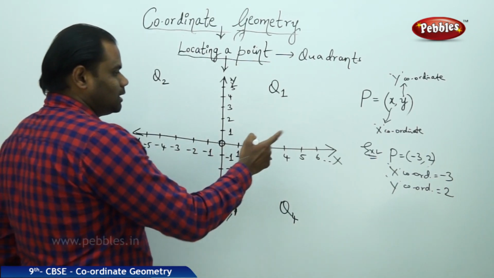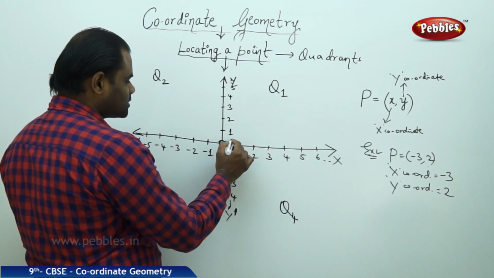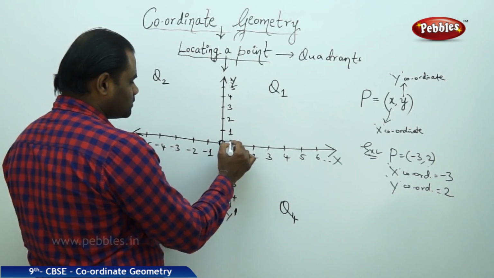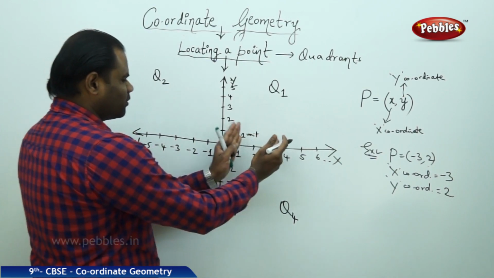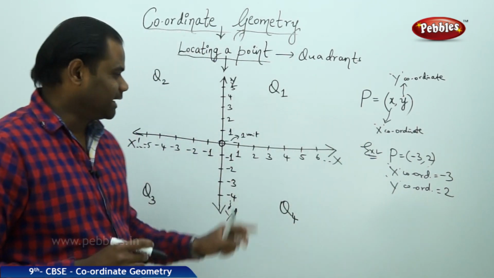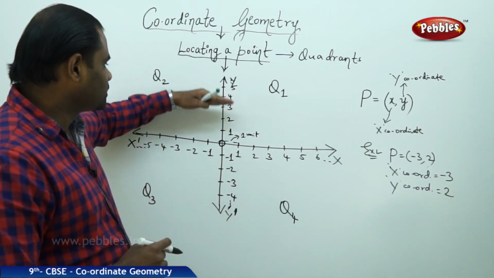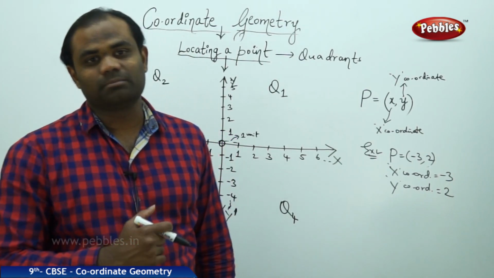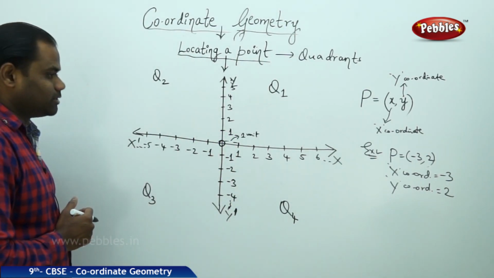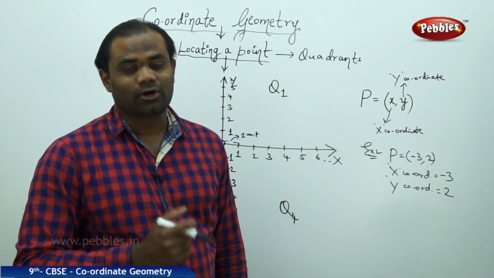So I have the x coordinate. Usually each of these distances represents 1 unit, and therefore I divide every axis into 1 unit subdivided parts, and equally the y-axis is also divided into 1 unit parts, which indicates that minus 3 refers to 3 units on the left side.